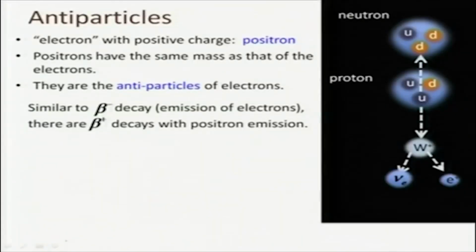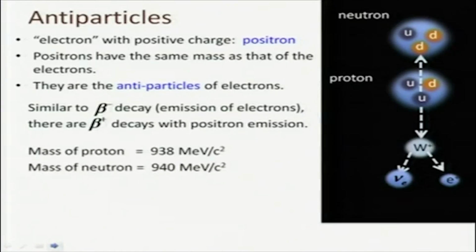The electric charge on the electron-like particle is now opposite to that of the electron, which is positive 1 unit. This is basically the positron, which is the antiparticle of the electron.